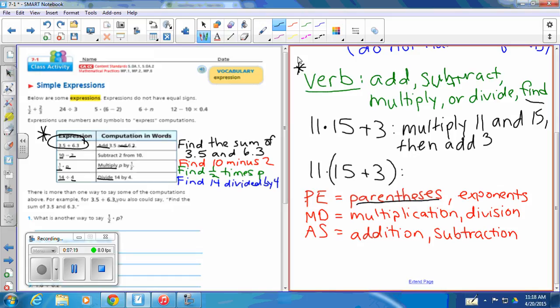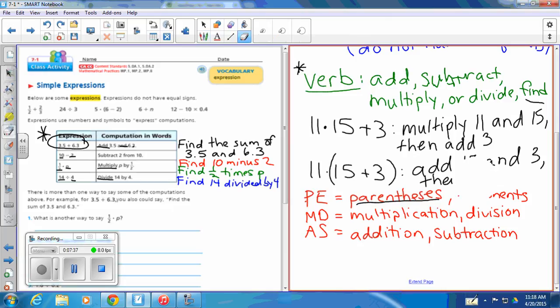So our expression would change because we would add 15 and 3. Then multiply by 11. Okay.